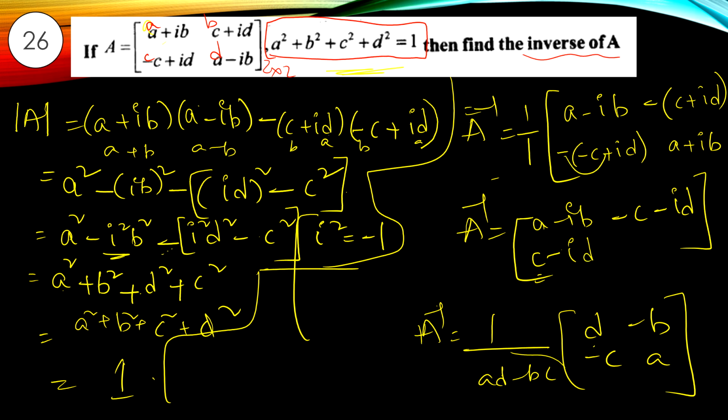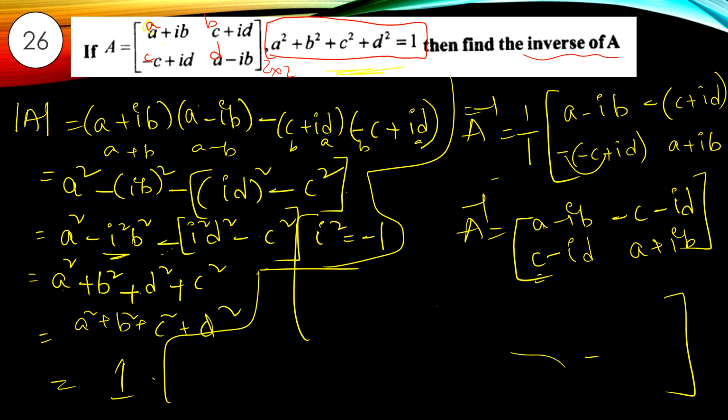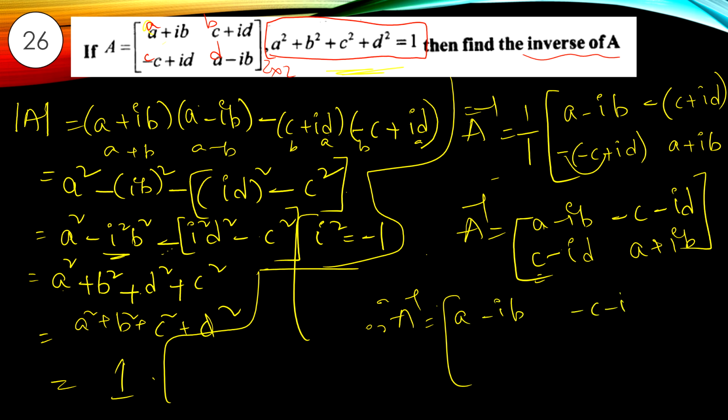So c minus id, and finally a plus ib. So this is the final result. So simply you can say a inverse is equal to a minus ib, minus c minus id, c minus id, and a plus ib. So just write, therefore A inverse is equal to A minus IB, minus C minus ID, C minus ID, A plus IB.